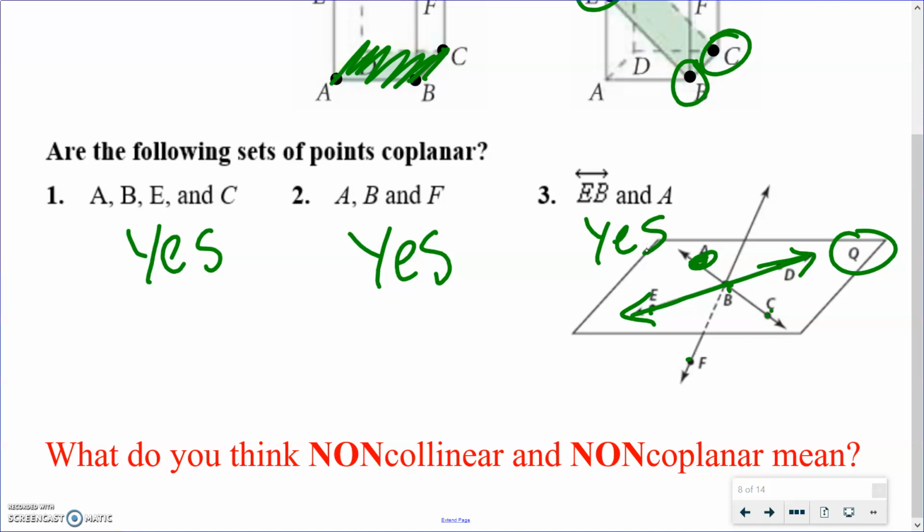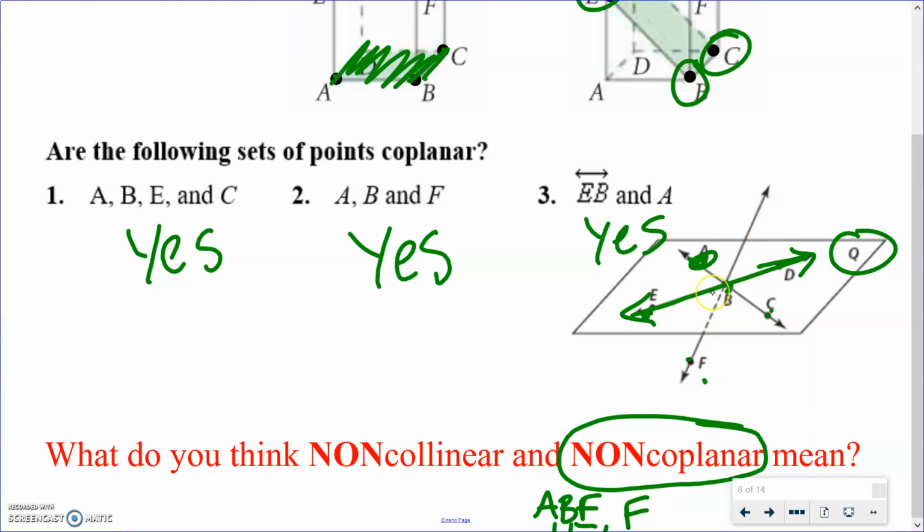So an example of something that wouldn't be coplanar, so non-coplanar, non-coplanar means not on the same plane. So just so you have an example of a non-coplanar set of points, A, B, E, and F. Those would not be coplanar because A, B, and E are all on the same plane, but point F is not.